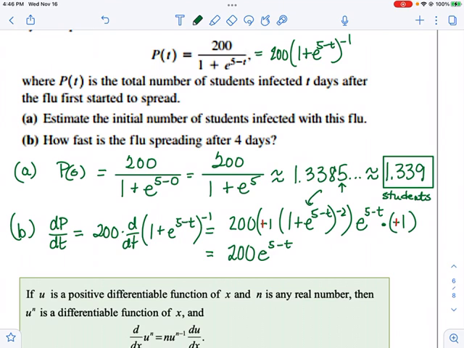And the other expression is going to go to the denominator, so that's going to be over the quantity 1 plus e to the 5 minus t, squared, in the denominator.